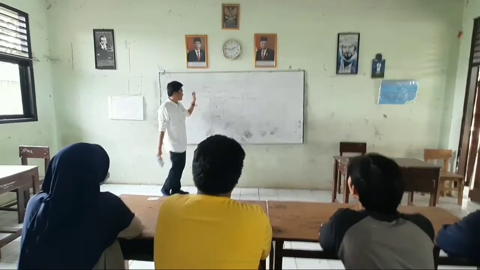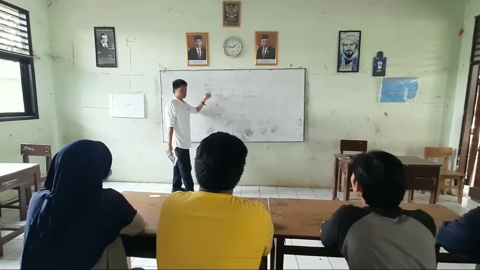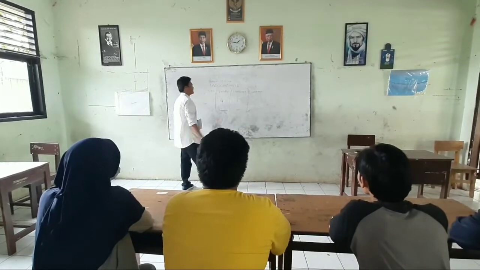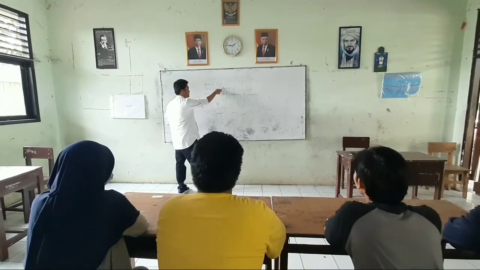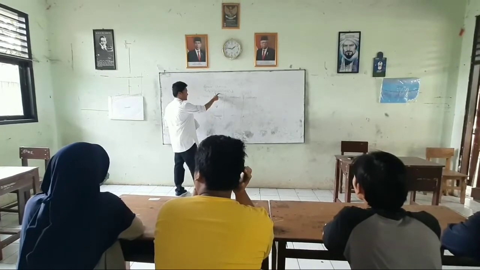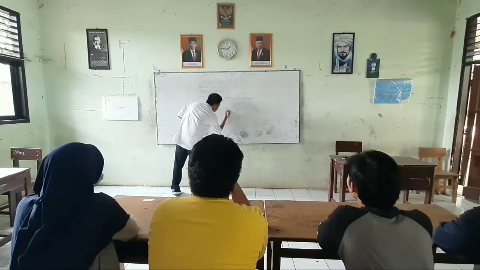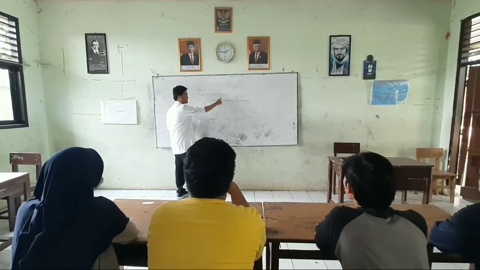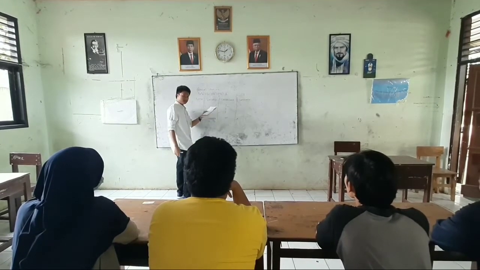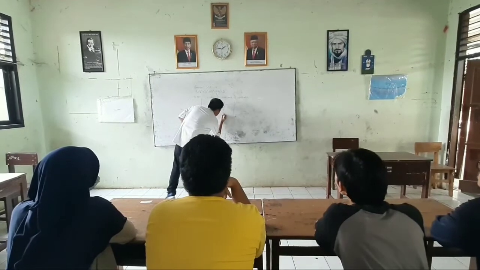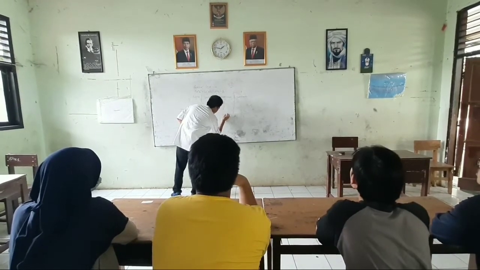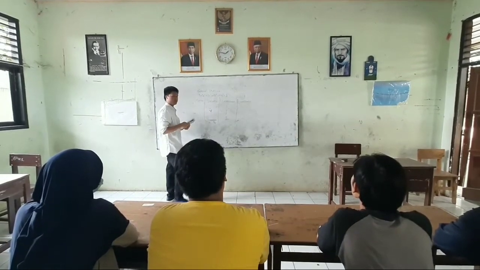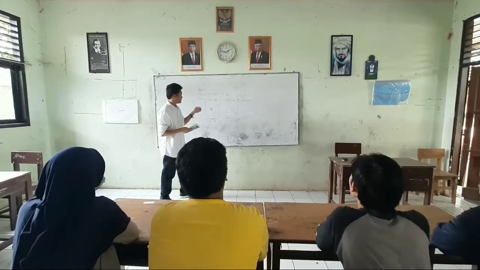The coefficient is 3. In 5b to the power of 5, the coefficient is 5. Last is minus 5ab squared. The coefficient is minus 5. Plus 3 is not a coefficient because there isn't any word after 3.